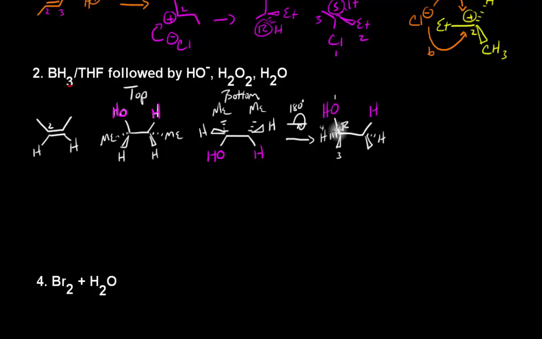And so if we look back to the left for the top attack, if you look at the orientation, you have a methyl in the back, hydrogen in the front, and the hydroxy is facing up. So in this case, the hydroxy is facing up, hydrogen in the back, methyl in the front. So effectively what we've done between this stereoisomer on the left and this stereoisomer on the right is the single swap rule.